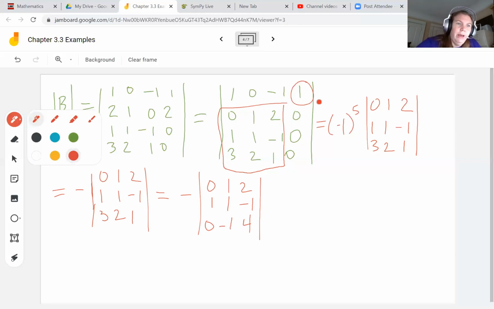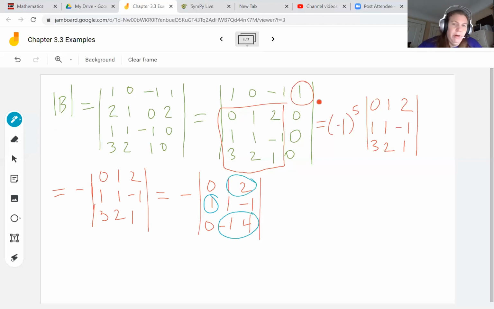And so then we can use this one here, and our matrix becomes this here. So we have negative 1, 2, negative 1, 4.